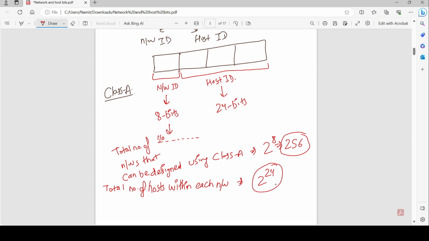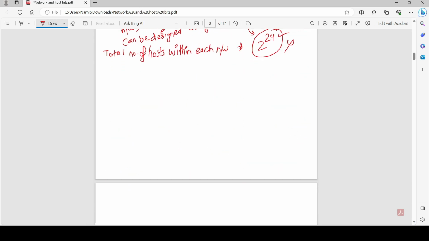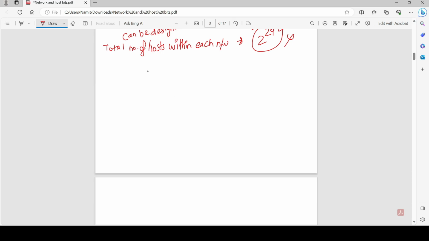Can I have a class A type address in my home? No, I should not, because the number of hosts is 2 raised to power 24 and I am never going to use this many IP addresses within a home. That's why we cannot use class A. We can only use class A in such environments wherein the number of hosts within a particular network is very large or huge.